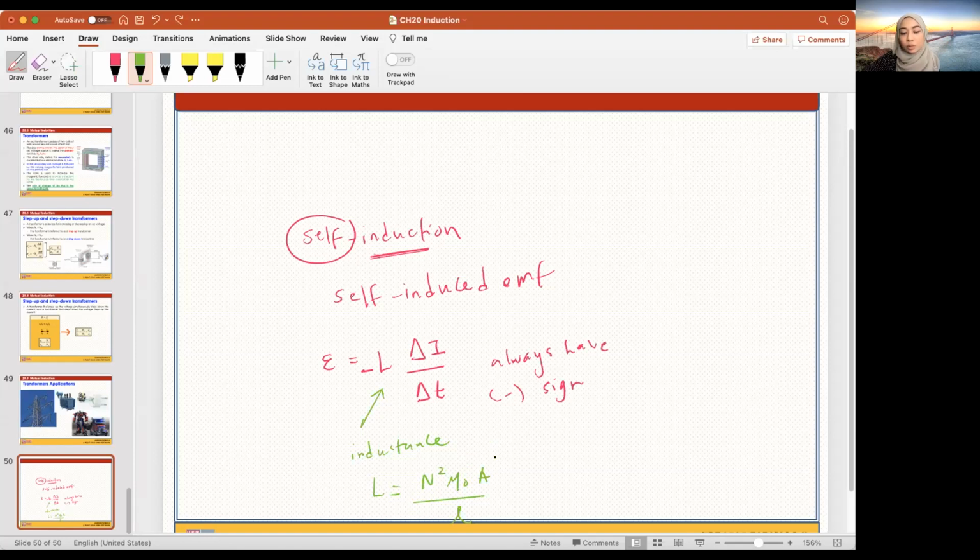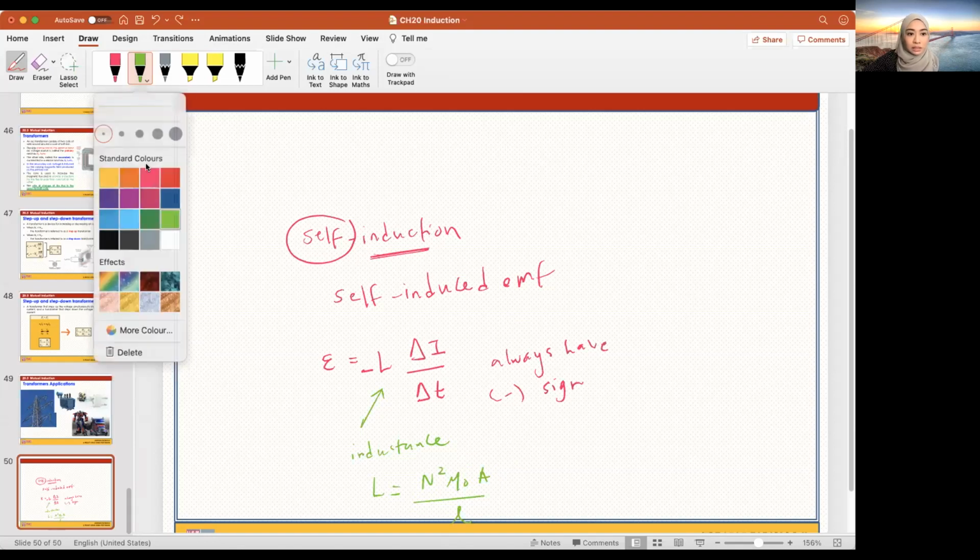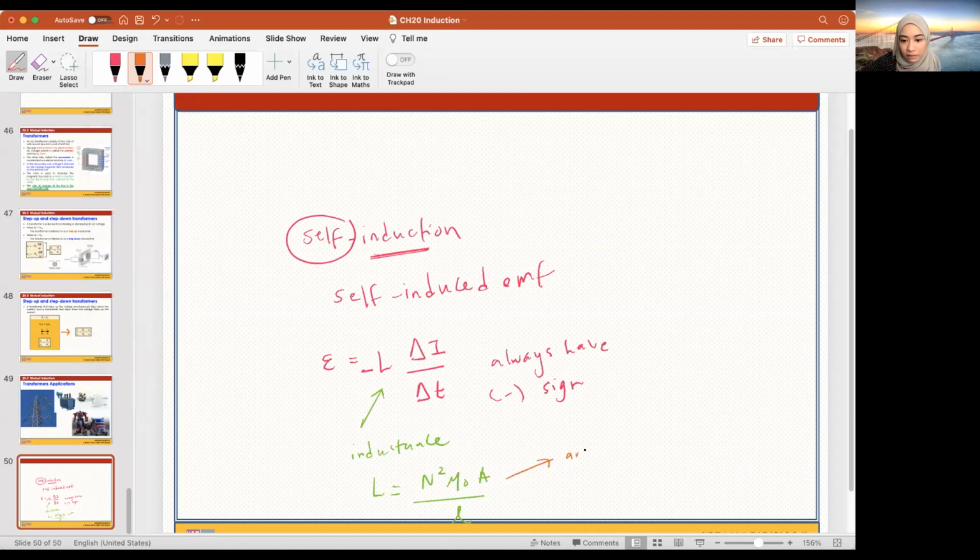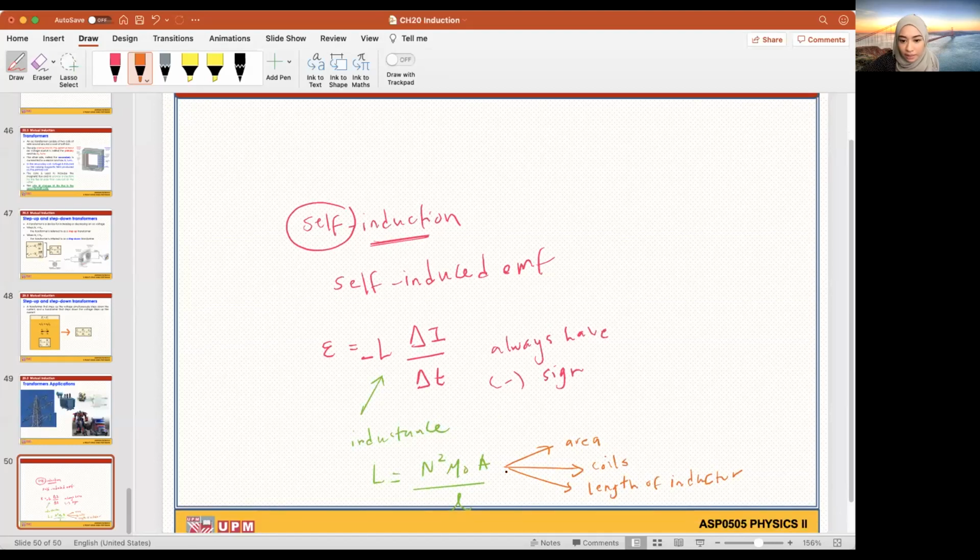From this equation, we know that the inductance depends on the geometry of the inductor: the area, the number of coils, the length of the inductor, and the material of the conductor.